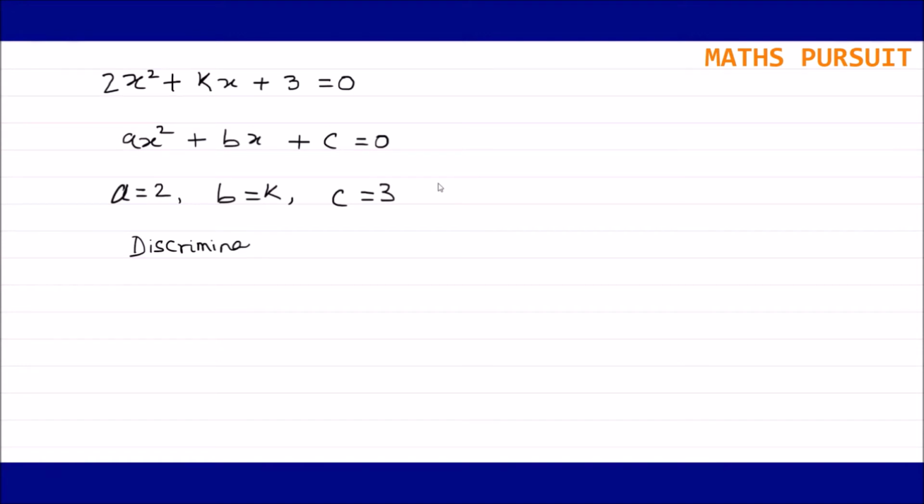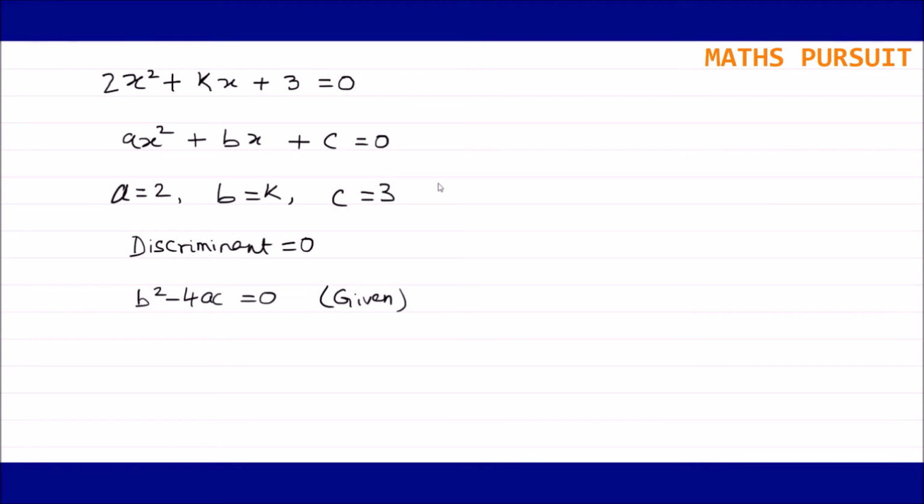When the discriminant is equal to 0, only then will we have two same roots. So the discriminant is b² - 4ac = 0, because the question is telling us that it has two equal roots.